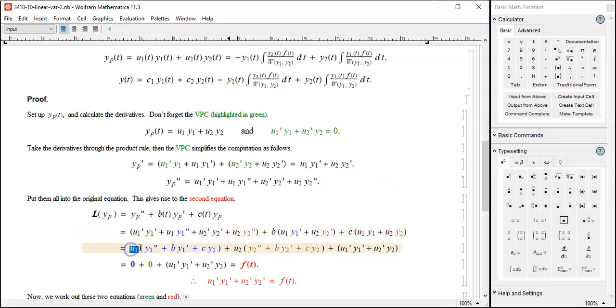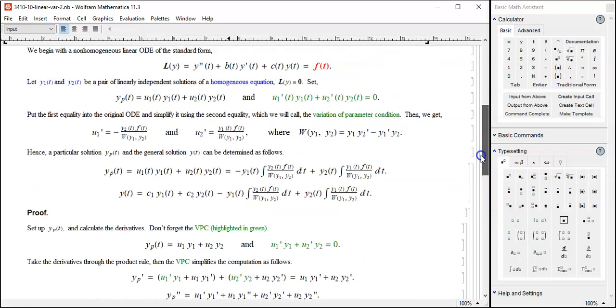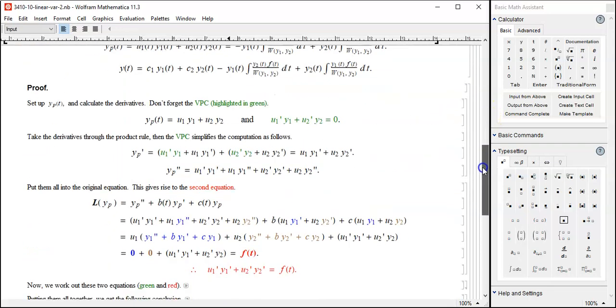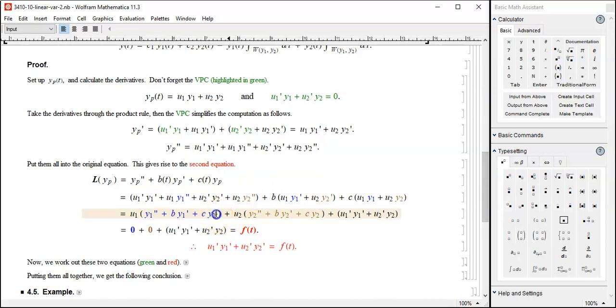So factor it out, and I'm going to get this blue. But then again, what is this blue? y1 double prime plus b y1 prime plus c y1. Here, b and c are actually variable coefficients, but that's okay. It's L of y1. Just plug in y1, y1 prime, y1 double prime, so L of y1, and that should be 0 because this is a solution of the homogeneous equation.